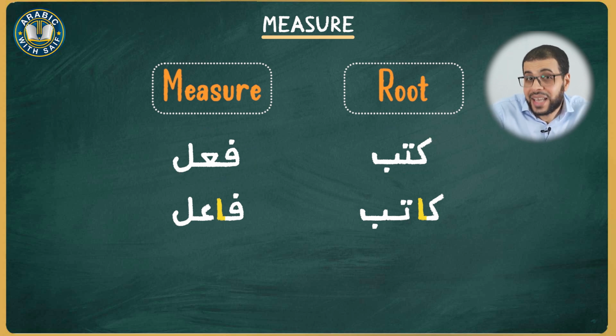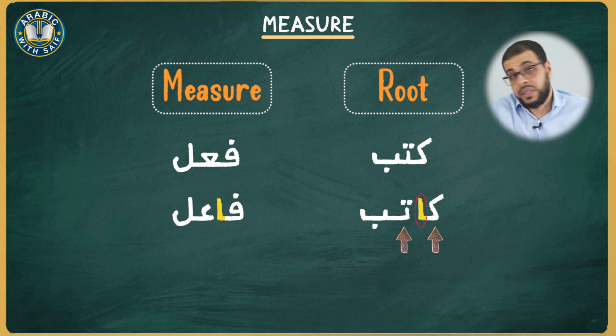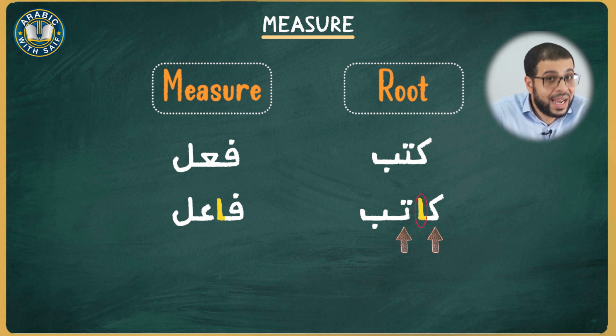So in the root كتب, letter فاء represents letter كاف, letter عين represents letter تاء, and letter لام represents letter باء. And if the pattern is فاعل, we will know where letter ألف will go in the word: in between كاف and تاء. So the pattern فعل gives كتب, and the pattern فاعل gives كاتب.